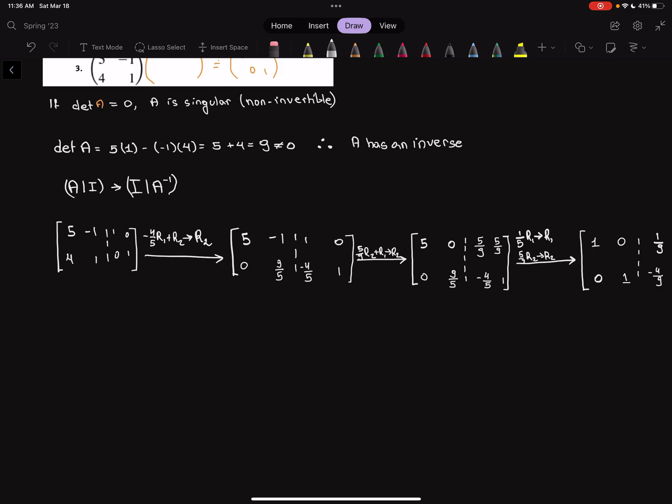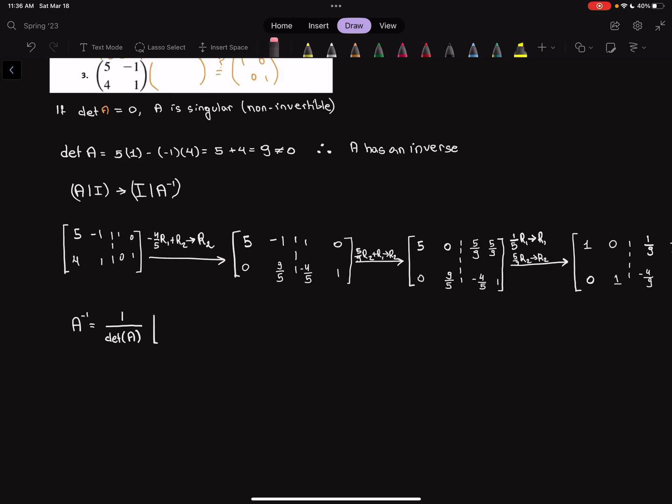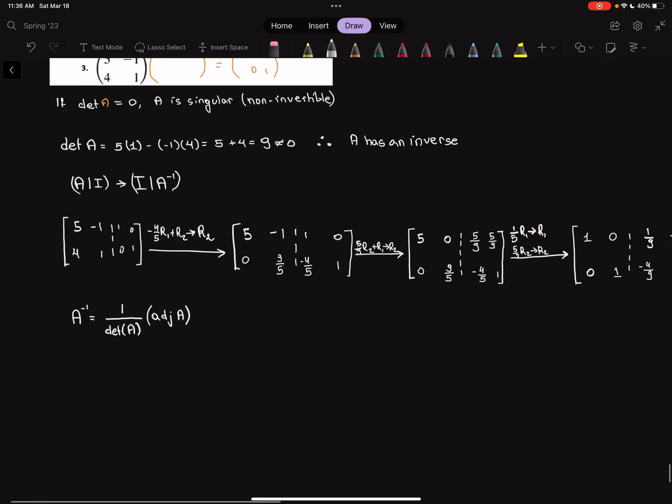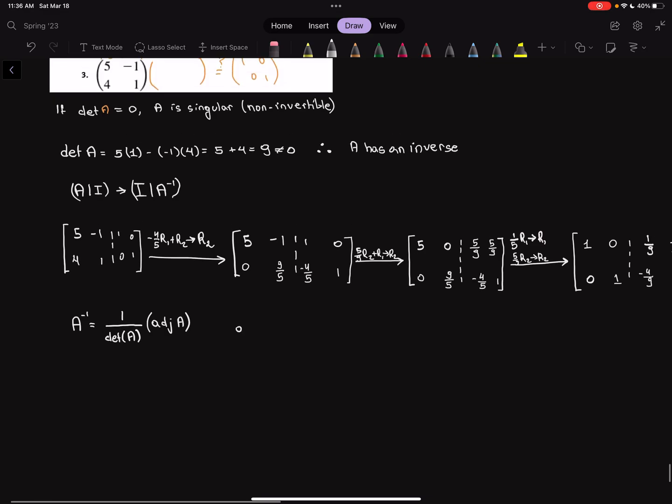There's a theorem that says that the A inverse is equal to 1 over the determinant of A, which we already found to be 9, times the adjoint of A. And what some of you might be saying, what is the adjoint of A?